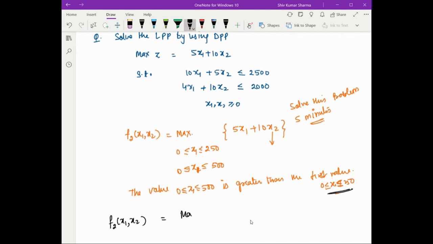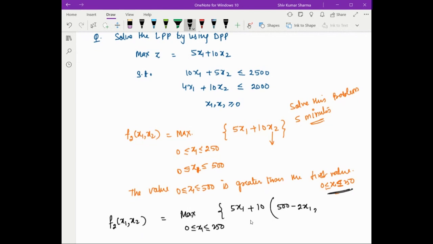That means maximum of 5x1 plus 10x2, where x1 lies between 0 to 250. What is the value of x2? The value of x2 we can determine from constraint 1 and constraint 2. From the first, 2500 minus 10x1, and dividing by 5, this gives us 500 minus 2x1.